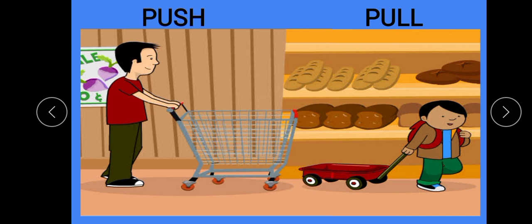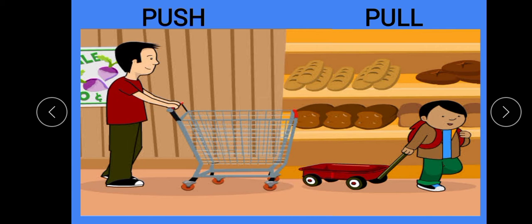Students, can you guess what is going to happen in this picture? Okay. Yes, students, a man is pushing a shopping cart. Yes, students. Now pull. What do you mean by pull?